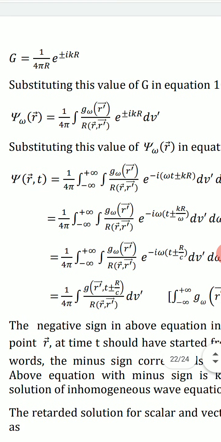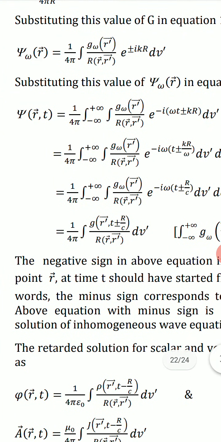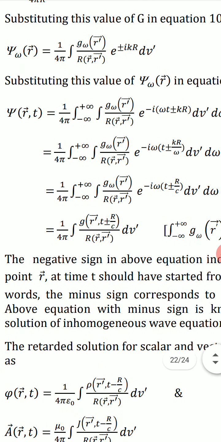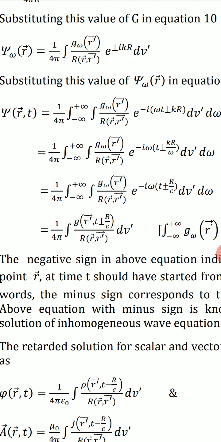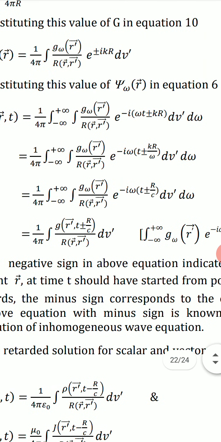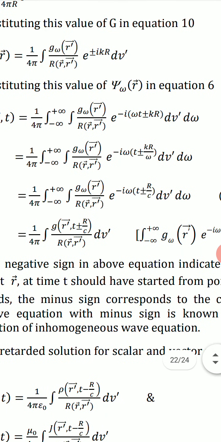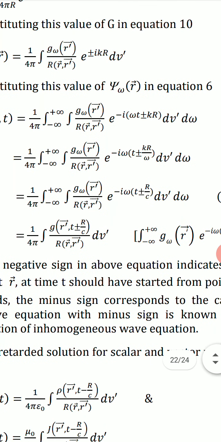Substituting this value of psi omega r in equation 6, we get expression for psi rt as psi rt equal to 1 upon 4 pi integral g omega r dash upon capital R dash e to the power minus I into omega t plus minus kr dv dash d omega dash.